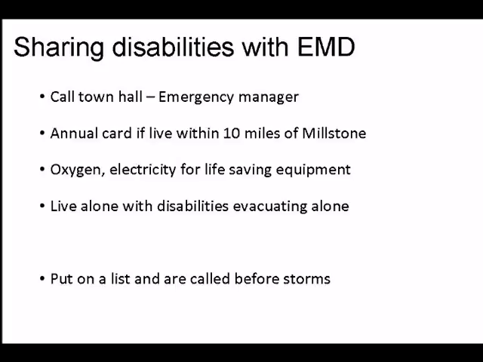Anyway, you just want to let them know about any disabilities you might have, any assistive devices you use, oxygen, or anything that requires electricity to save your life, essentially. And if you live alone and you have to evacuate, basically you get put on this list, and they'll call you before storms, see if you need anything, see if you need any help. Always a good idea, tell your friends, tell your family, and tell the town.